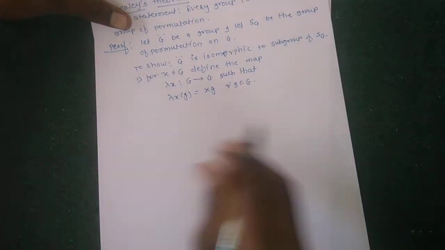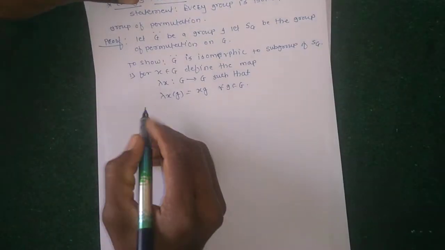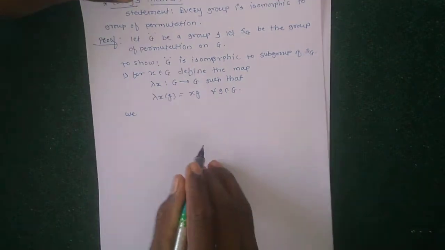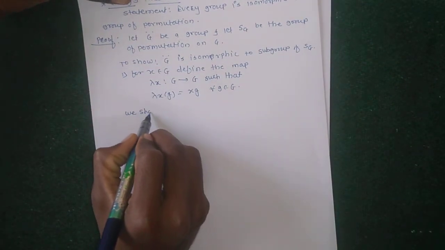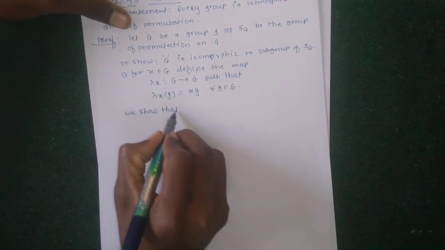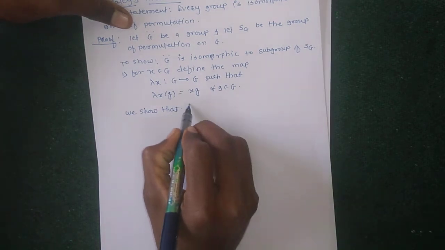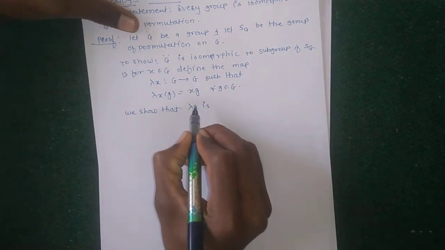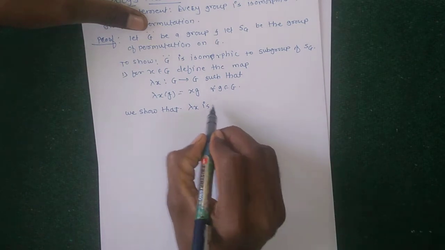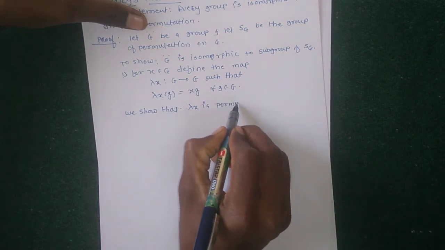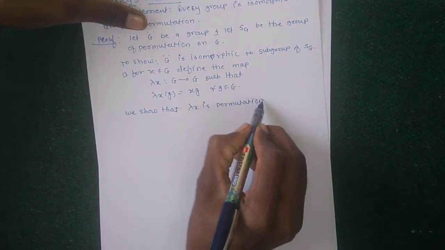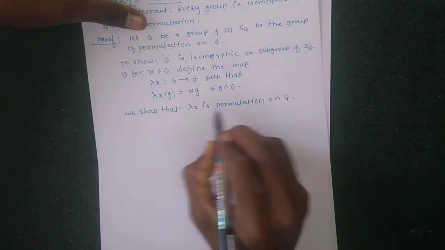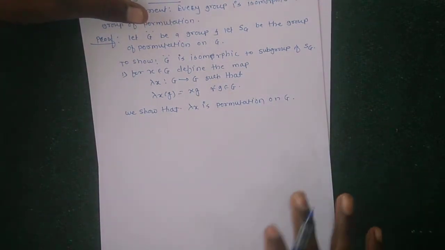Firstly, we have to show that lambda_x is a permutation on G or not.